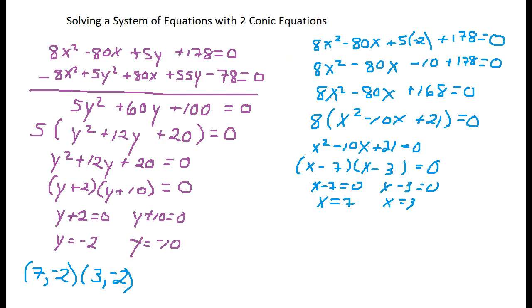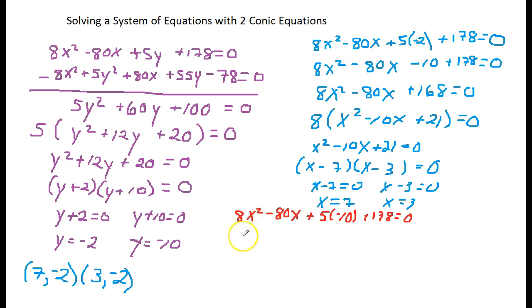Now I have to plug in negative 10 for the y's. So I have 8x squared minus 80x plus 5 times negative 10 plus 178 equals 0.